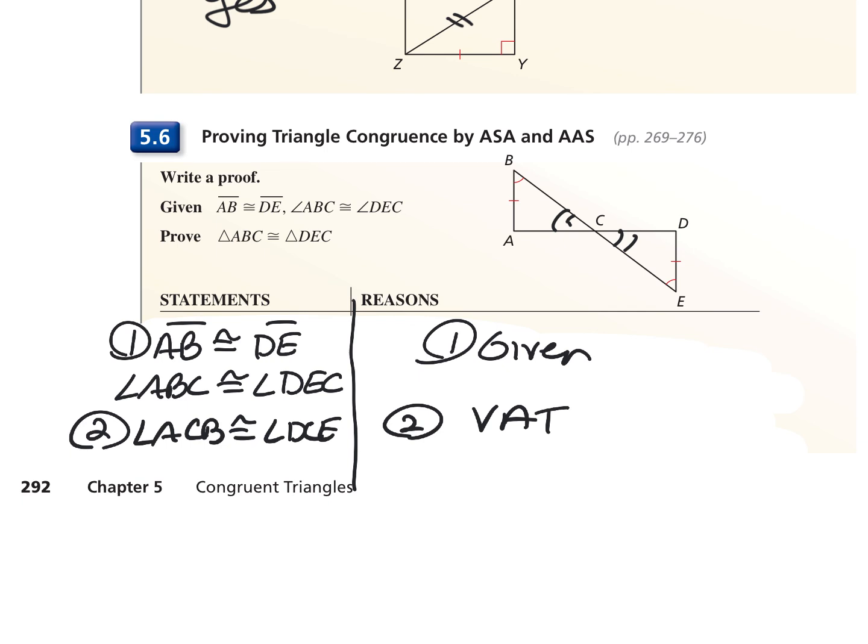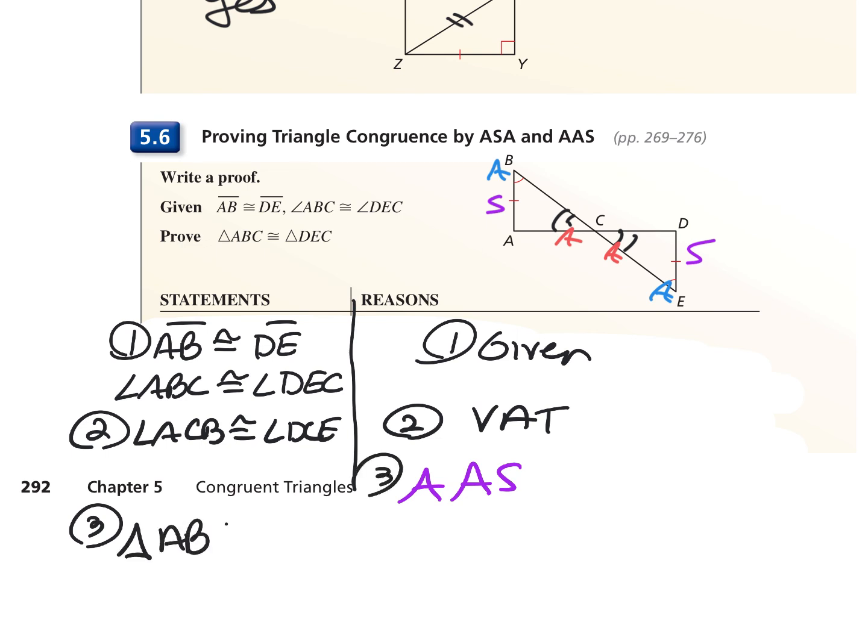And now I have enough information to prove the two triangles are congruent using angle, because I got an angle here at the vertical. Then I got another angle here. And then I've got my side. So using angle, angle, side, I can prove the two triangles are congruent. ABC is congruent to triangle DEC. So that is it for the notes on the proof practice.